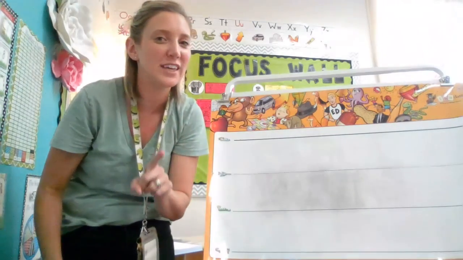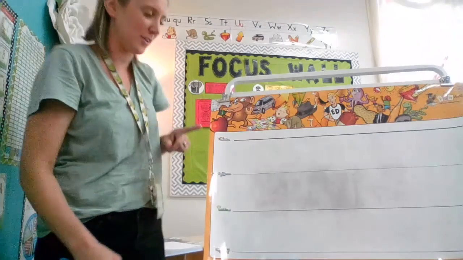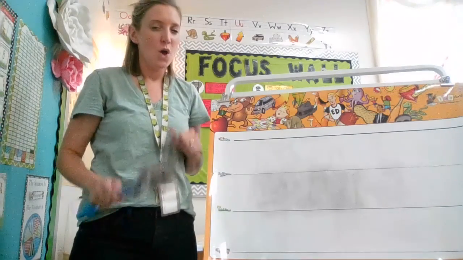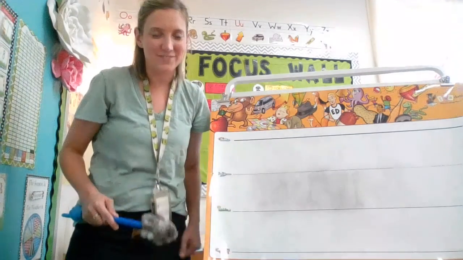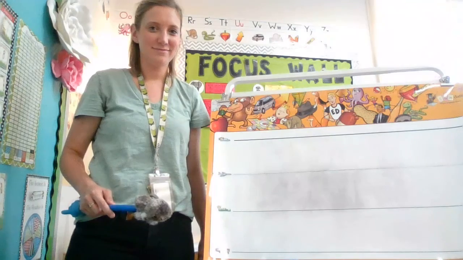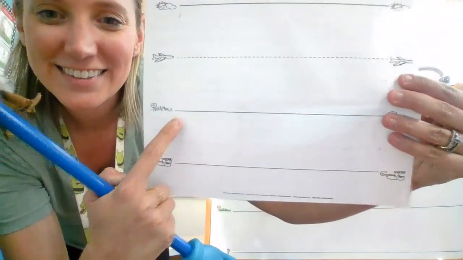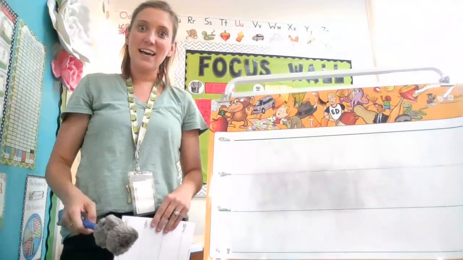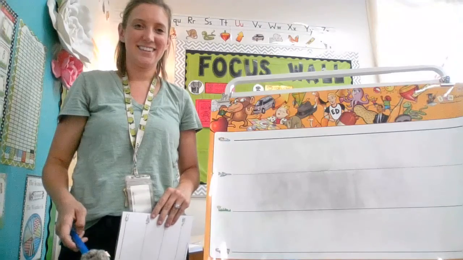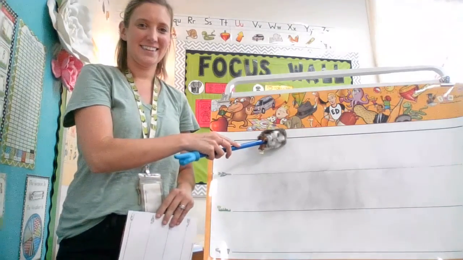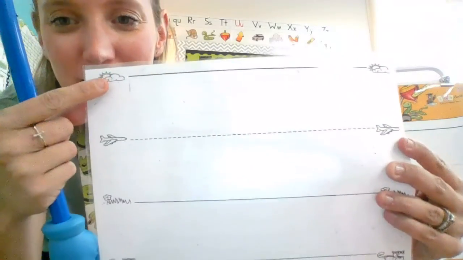Let's see if you can get it now that I trick you. Okay, ready? Point to the grass line. The grass line, right? Very good. Point to the skyline. The skyline, the very top one.